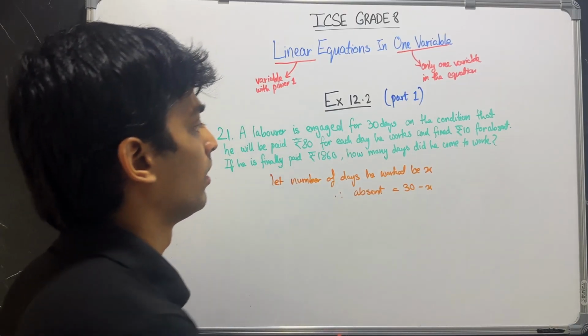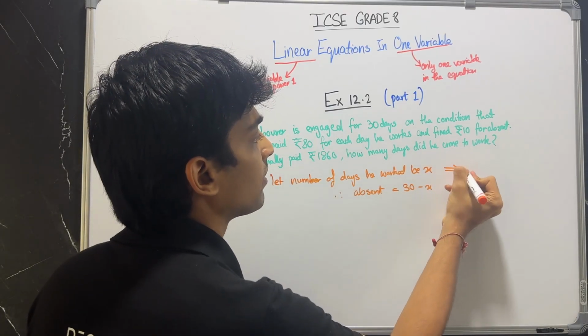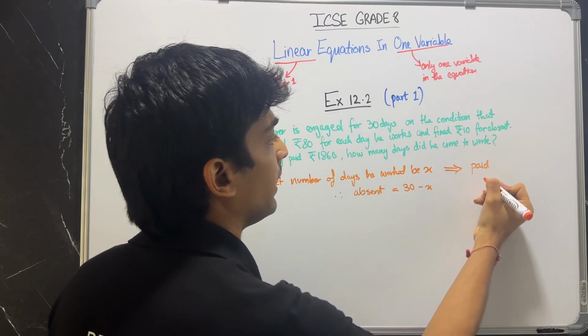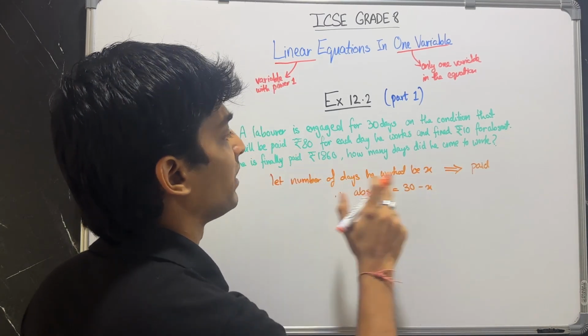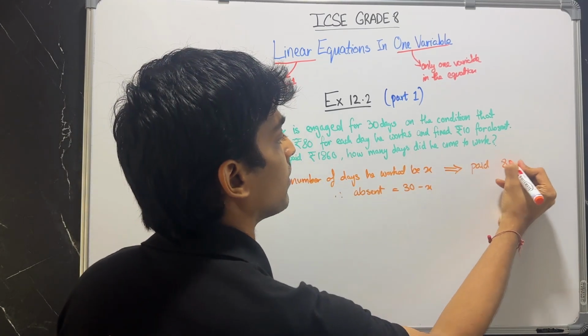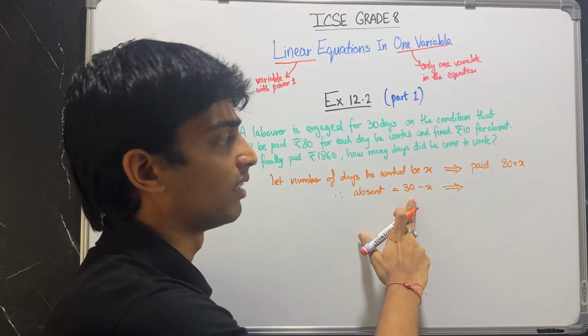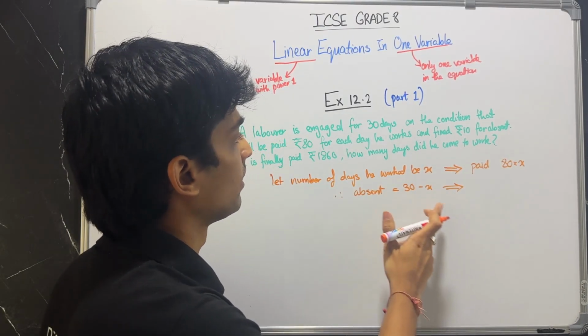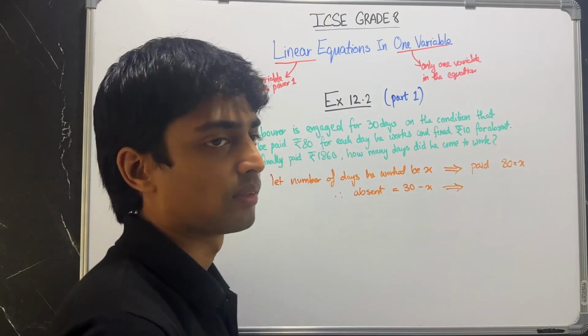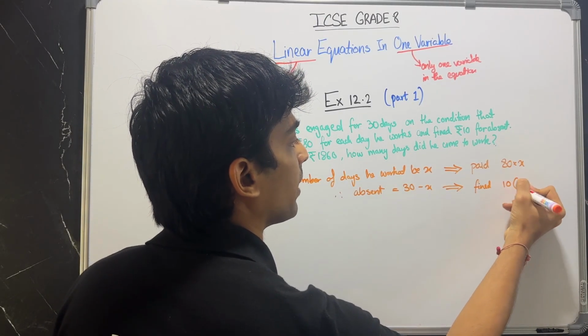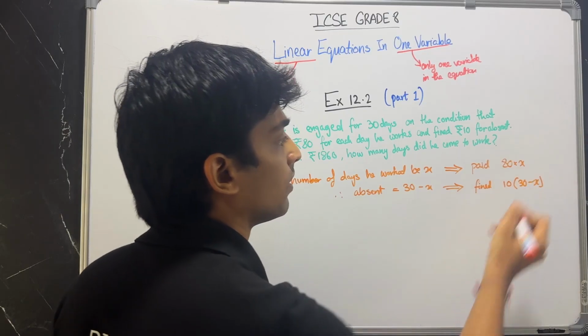Now if he has worked for x days, then he will be paid 80 rupees per day, so 80 into x. And if he's absent for 30 minus x days, then he's fined 10 rupees each. So he's fined 10 multiplied by 30 minus x.